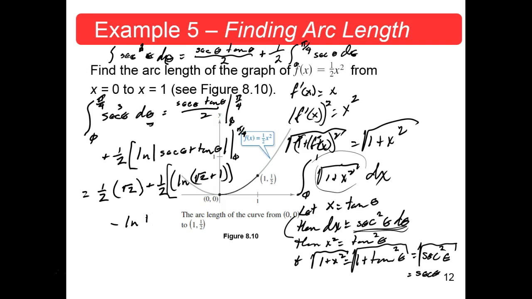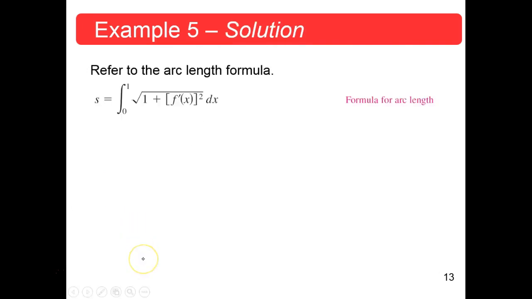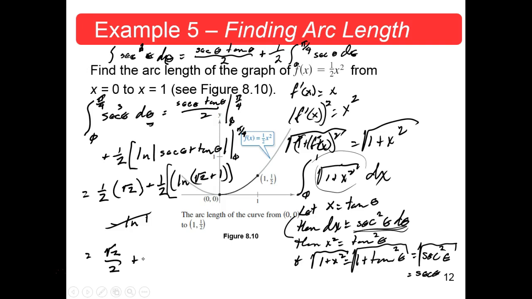What's the log of 1? 0. Through with that. So what do we have as our answer? Root 2 over 2, that's from the first part, plus, this is from the second part, 1/2 the log of root 2 plus 1.